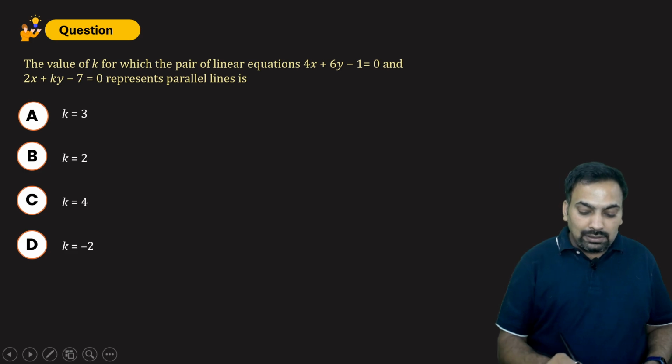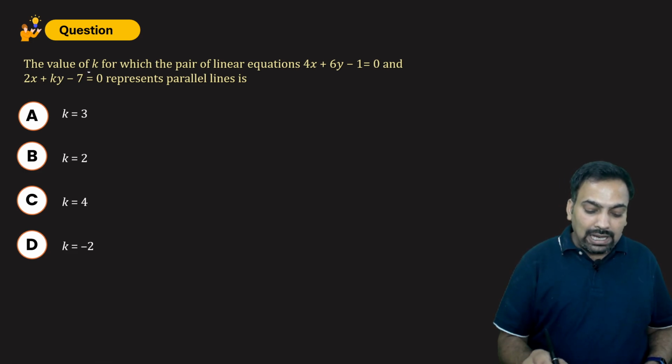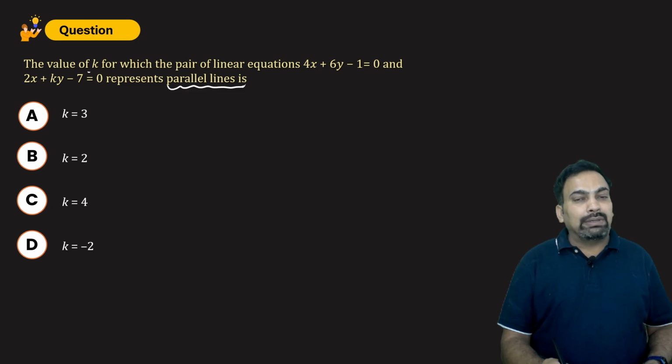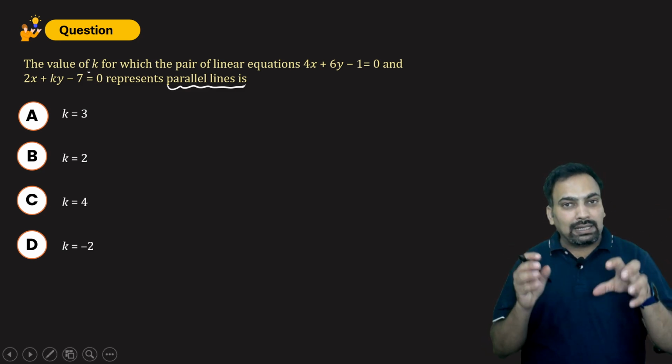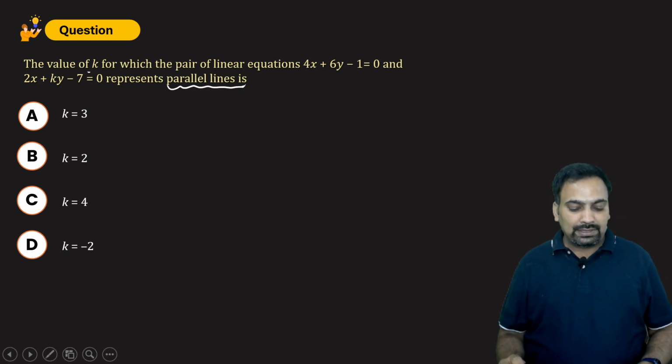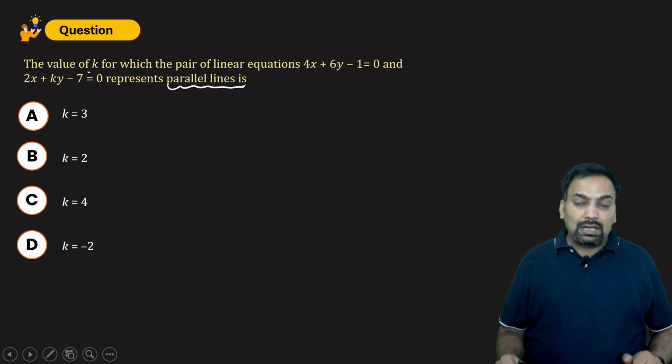Second, it says find the value of k for which the pair of linear equations represents parallel lines. This means it is confirmed the lines are parallel, and you have to find the value of k. Okay, so this is the homework question.